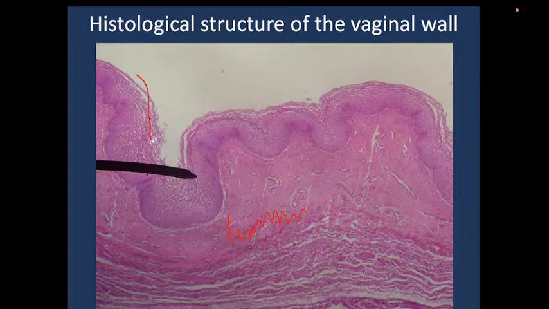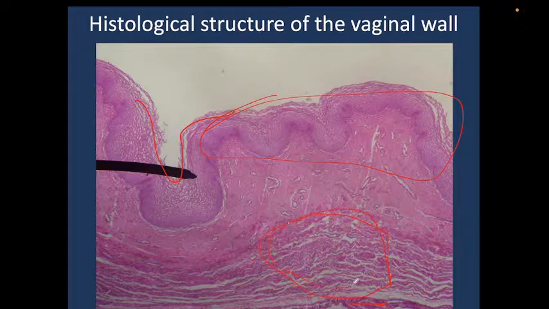Notice that there are no glands here, so no secretions come into the vagina, and also the special folds called rugae of the vagina. Here is the special fold, the rugae of the vagina, and all of these rugae have a transverse direction. The outer, or adventitial, membrane of the vagina, tunica adventitia, here, consists of loose connective tissue and contains a large number of elastic fibers, sometimes smooth muscle fibers like in the muscular layer.